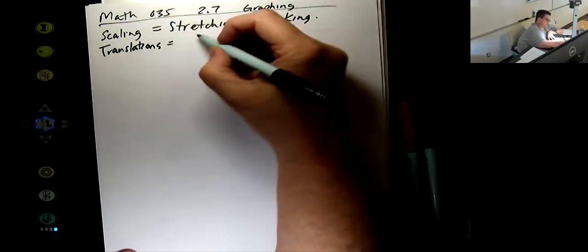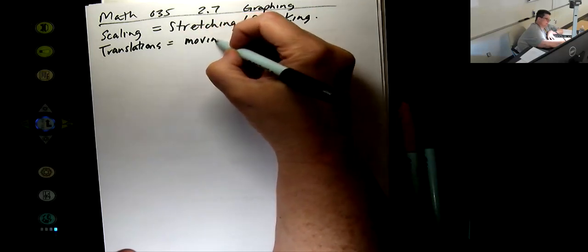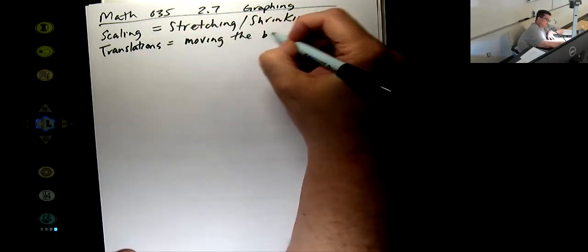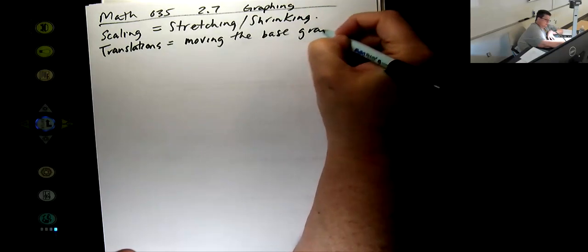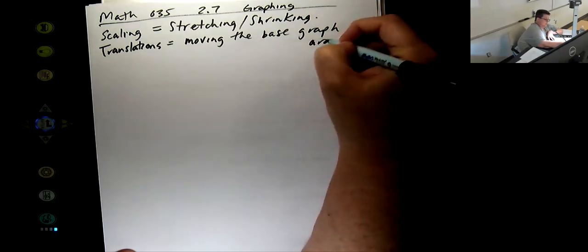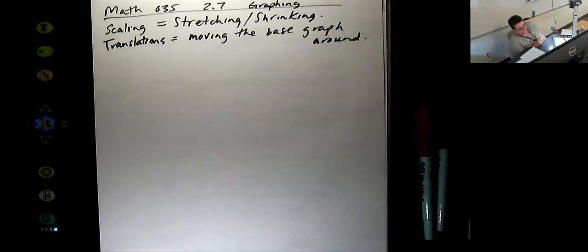Translations are just moving the base graph around. And then 2.8 is on functions and function arithmetic, composition, not competition. We'll get there in a second.